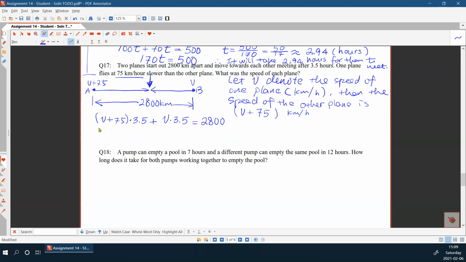Okay, so this gives you actually 7v plus 262.5 equals 2800, right? So here we can solve v is actually how many?